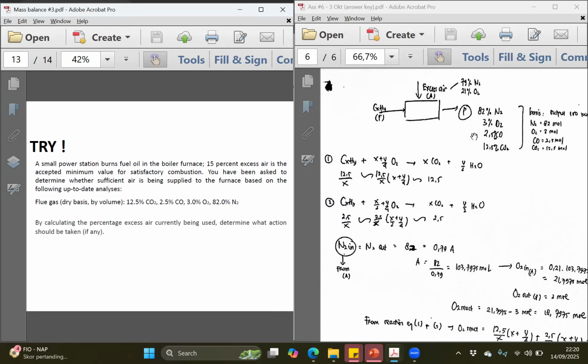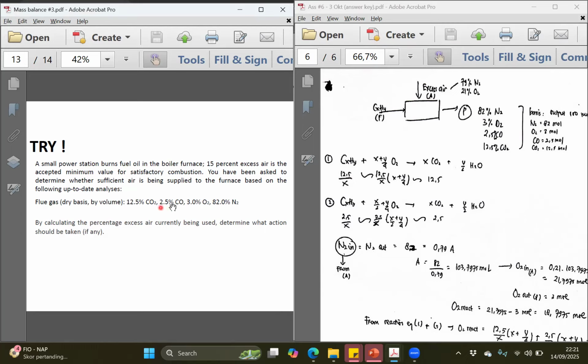to the block diagram. It's dry basis by volume, so this is a volume percentage, and I will copy it here. Since it's dry basis, we cannot say that there is no water. There will be water, because fuel oil is a hydrocarbon, and when we burn hydrocarbon, water is a product.